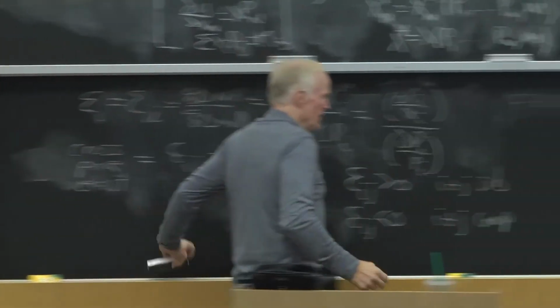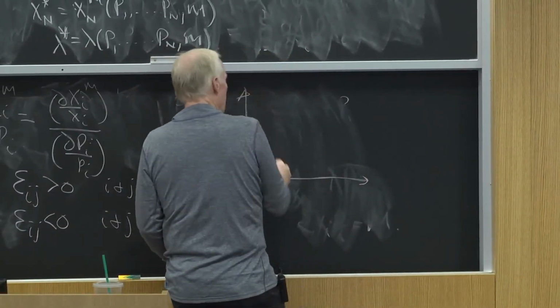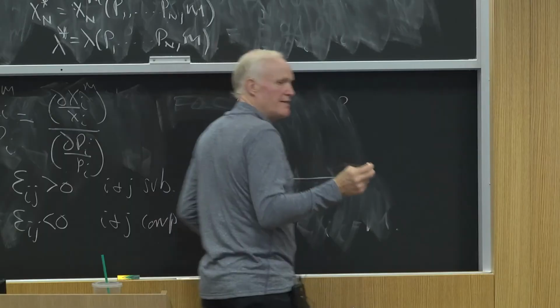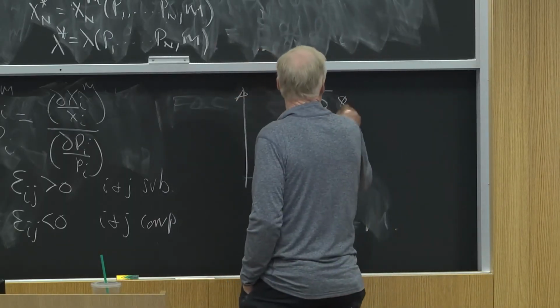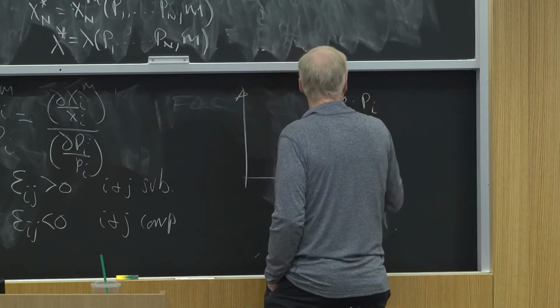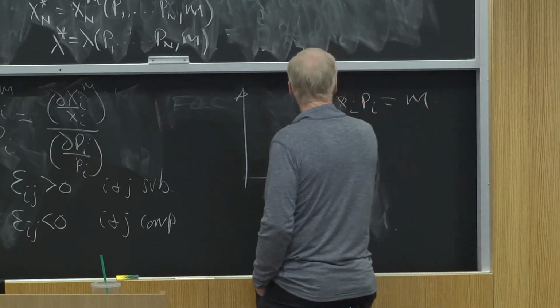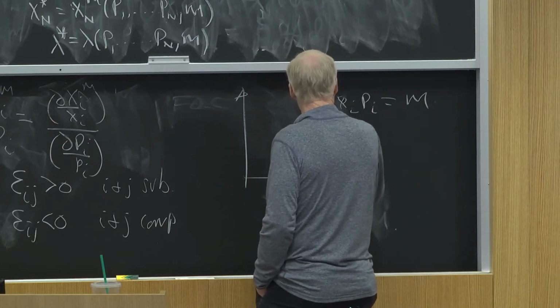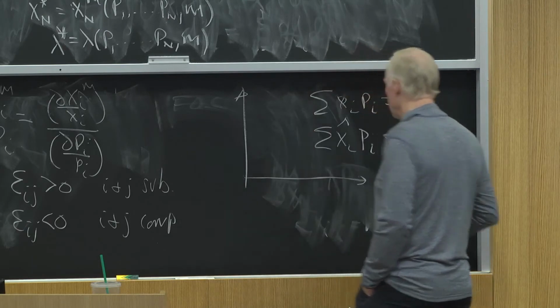So let's say, for example, I use my theory, and I see the sum of the x_i p_i equals m, and then I find another point, x_i hat p_i, which is less than m. Okay?